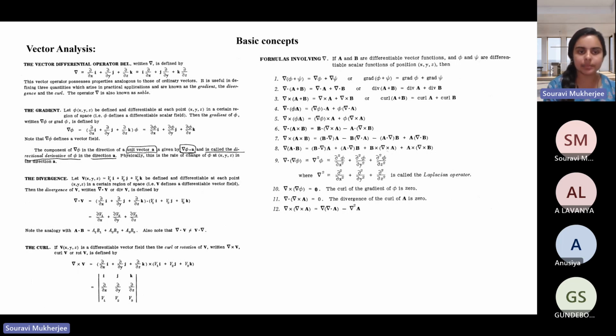If there is a tendency of the field to rotate about that point, that is given by the curl of your vector field. This is how these are defined, and these are some formulas which are very useful in the derivations we'll be doing in the future.